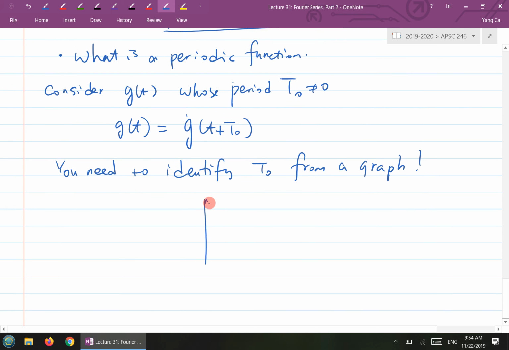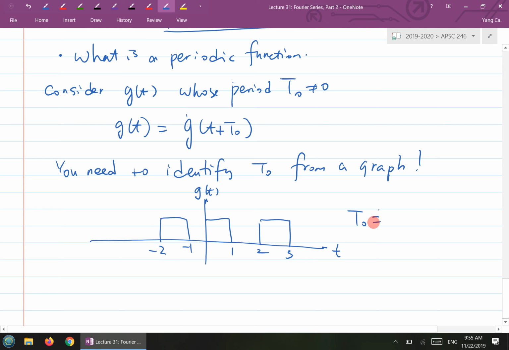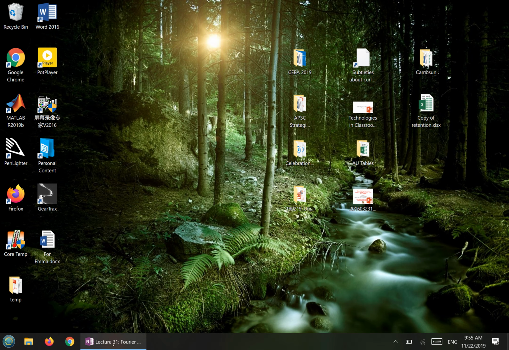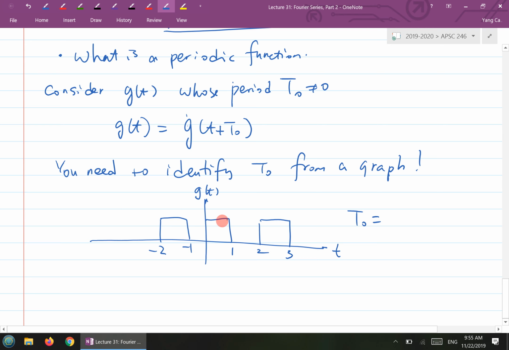This is what I mean, and here it's very simple. Let's say I graph a g of t, and you have a graph showing like this. What will be the t naught? Because you need the t naught to calculate the rest of the computation. 2, yeah. It repeats, right?